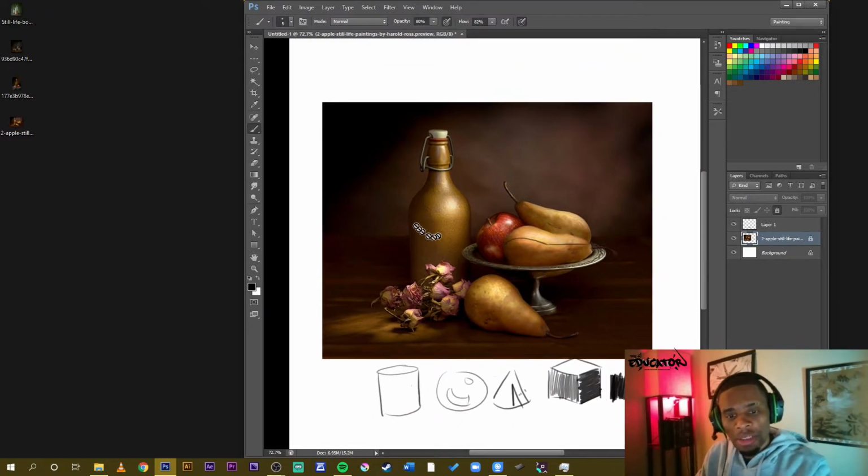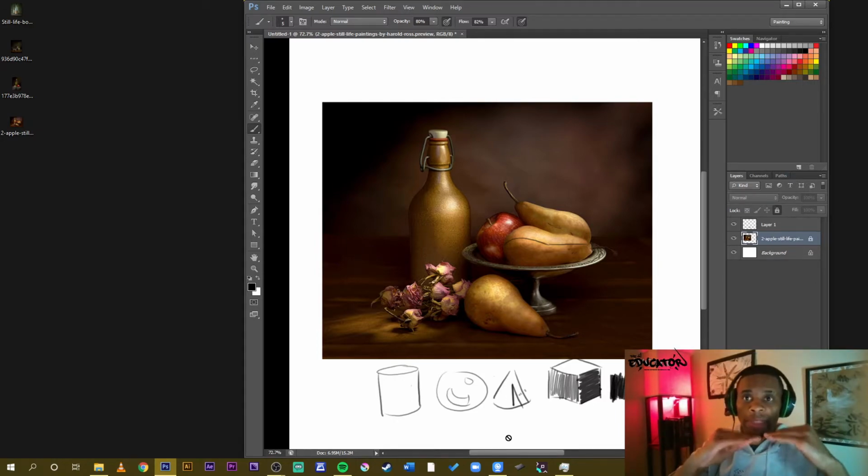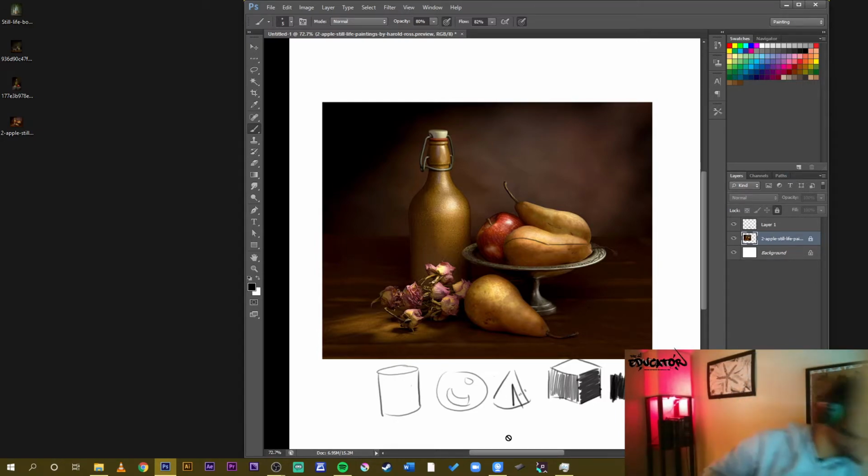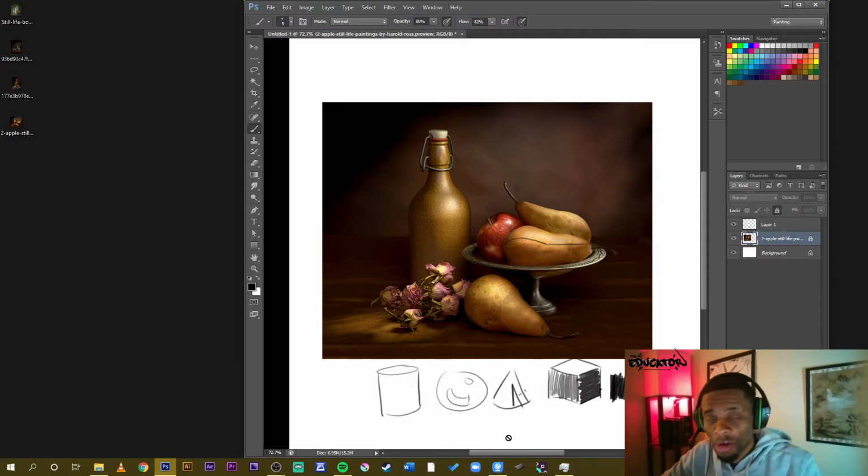if it's rounded, there's going to be a gradient, a slow change from light to dark. If it is a flat object like a cube, it is going to have plain, really simple, straight flat values, with no change. It's not going to be a gradient going across the side.